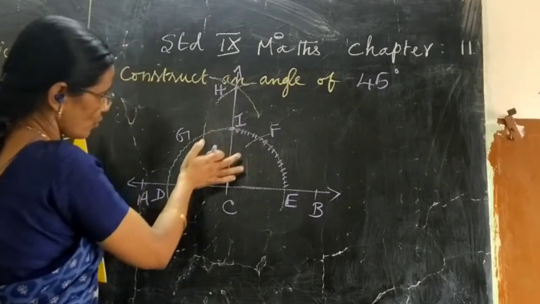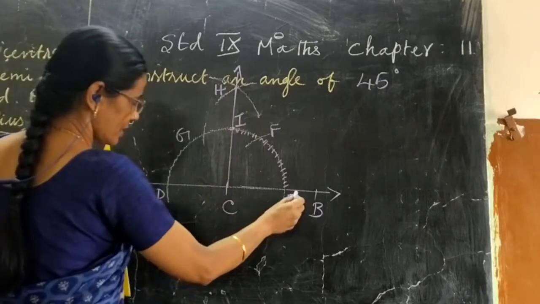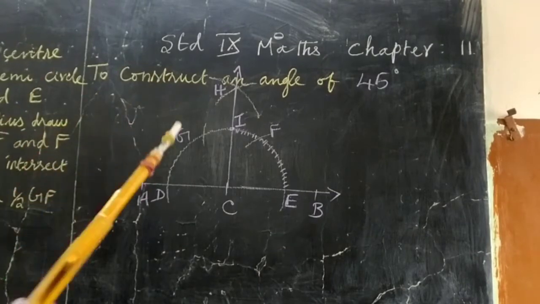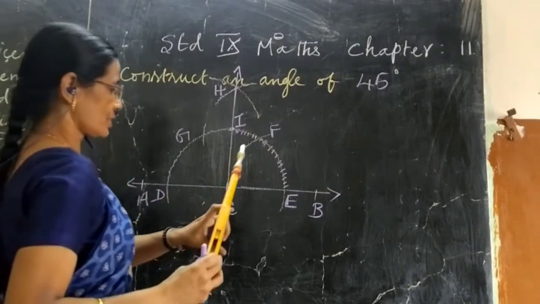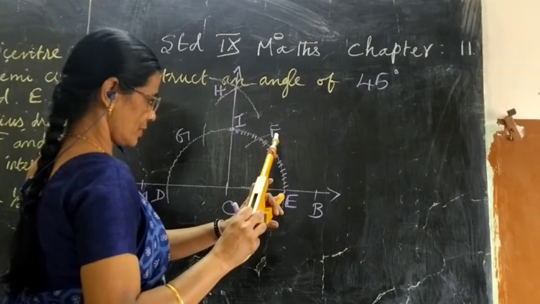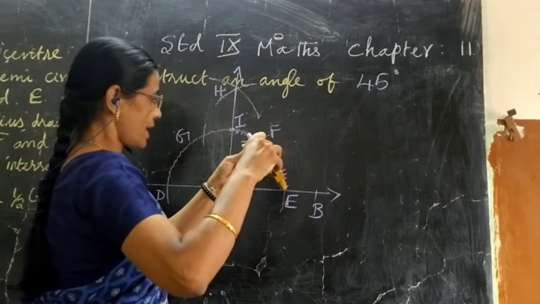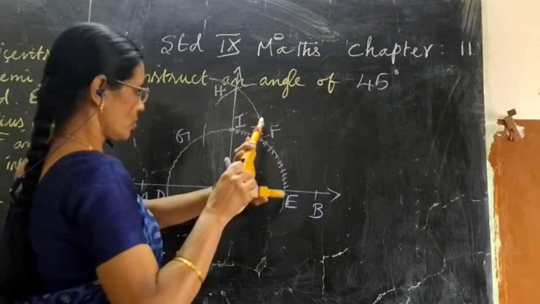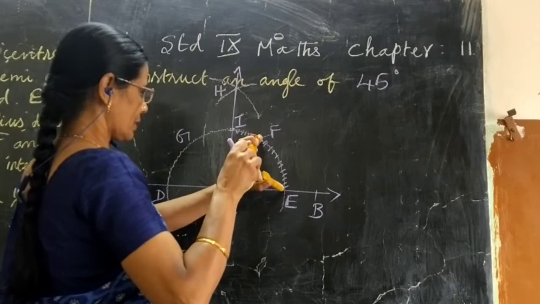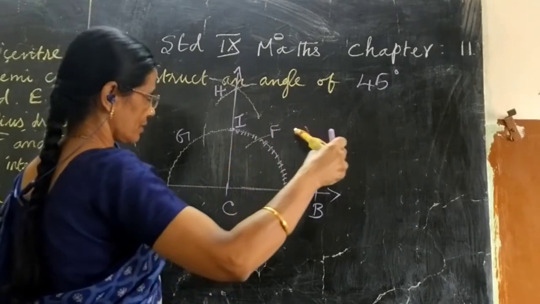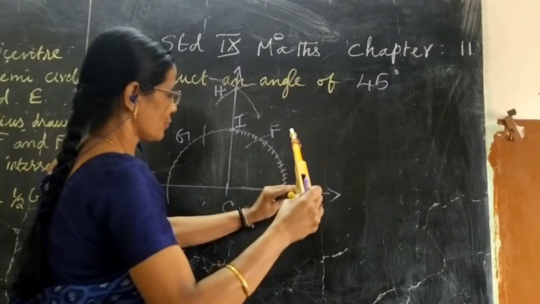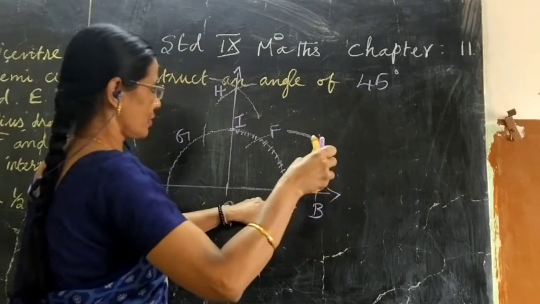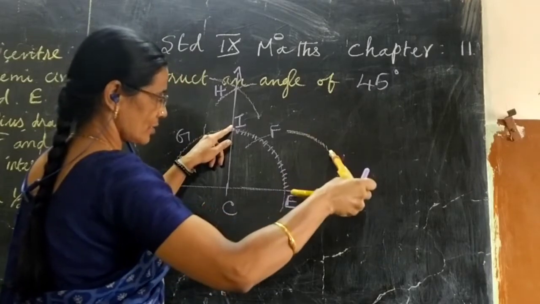Right? Now we are going to draw bisector of angle ECI. Bisector of an angle we had studied in the first construction. So E center, any radius more than half of EI. I have taken this radius. So I draw arcs from E center, radius more than half of EI, and an arc is drawn.